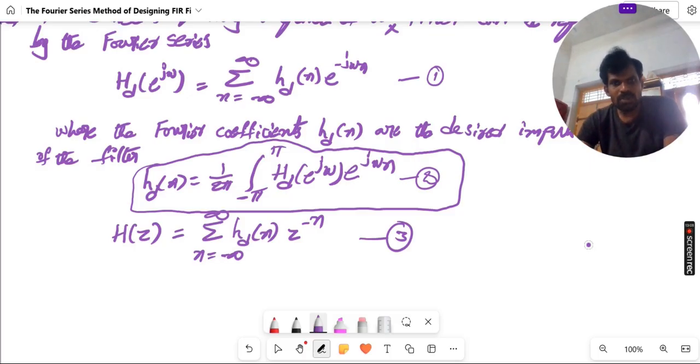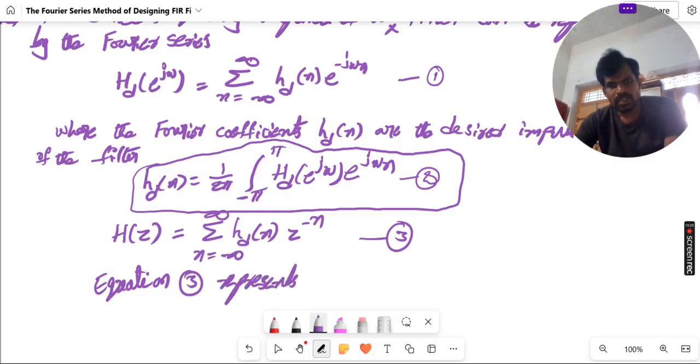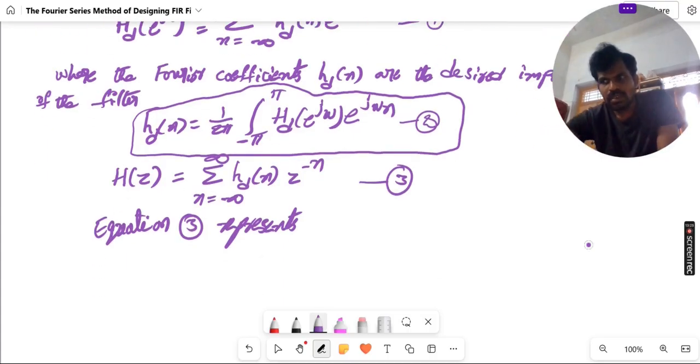So according to that, equation 3 represents a non-causal digital filter.